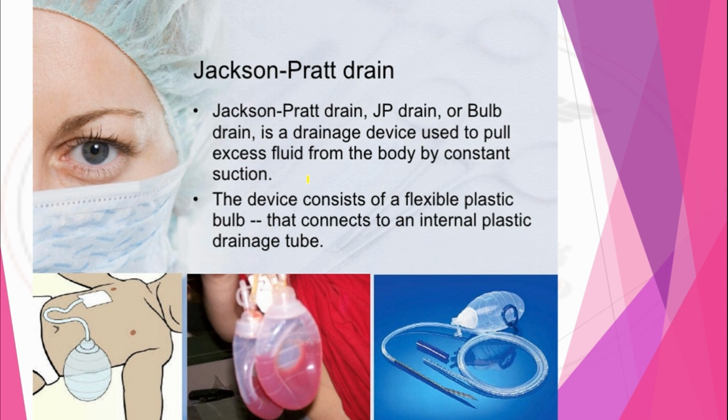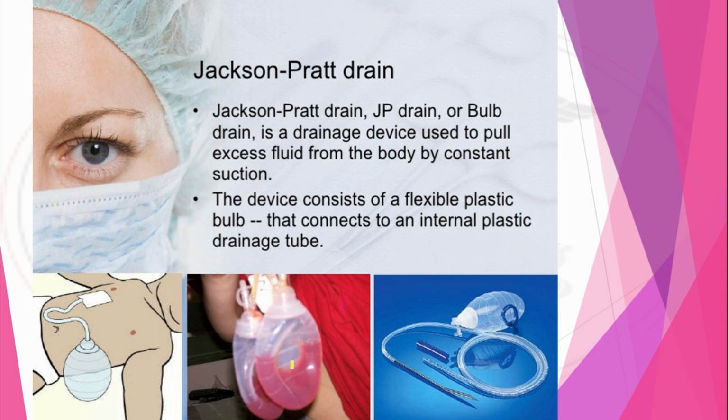It will remove or pull out the excess fluid from the body by constant suction. The device consists of a flexible plastic bulb. As we can see here, this is a flexible plastic bulb that connects to an internal plastic drainage tube. This is the drainage tube. Then from here we have to apply pressure on that flexible plastic bulb, and it will suck the fluid into this bulb.